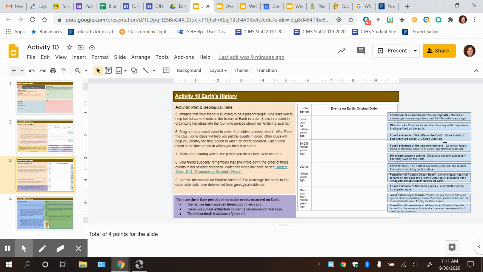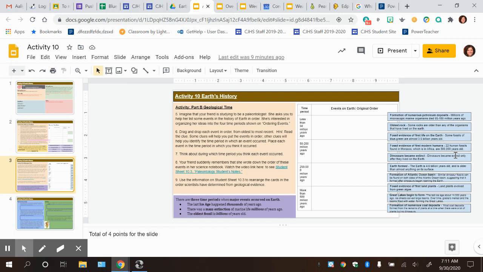Fossil evidence of first modern humans. Human fossils found in Morocco, which is in Africa, are 300,000 years old. That's pretty old, but that's only 300,000 years old. And if we look at our time periods, these are in millions of years.